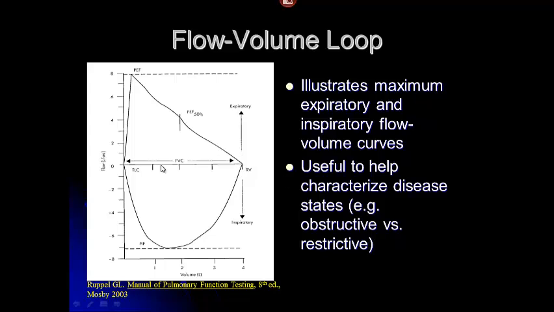If you look here, this phase is inspiration, and this phase is expiration. You inspire slowly, you never reach a plateau, and then you expire a little bit more forcefully. That's the normal volume loop. It does illustrate the maximum expiratory and inspiratory flow volume curves. And again, it's useful to distinguish between obstructive and restrictive.